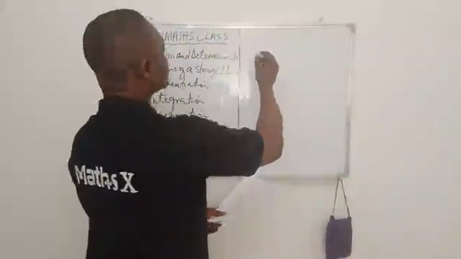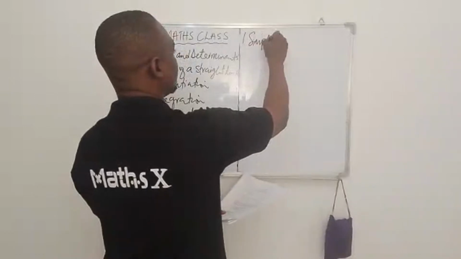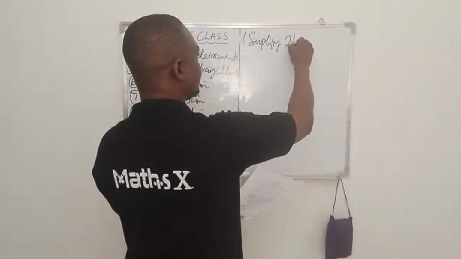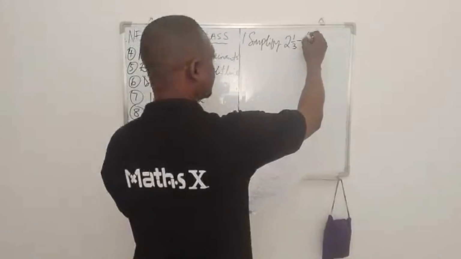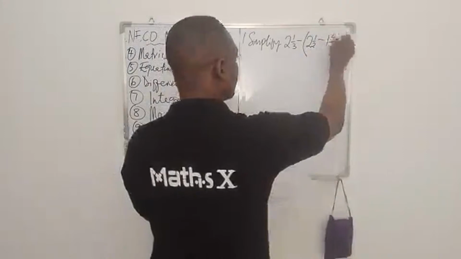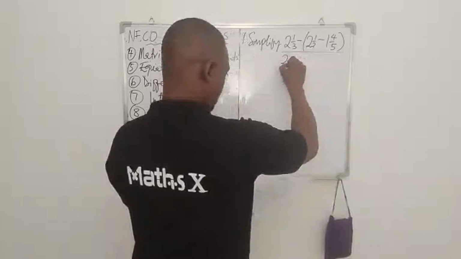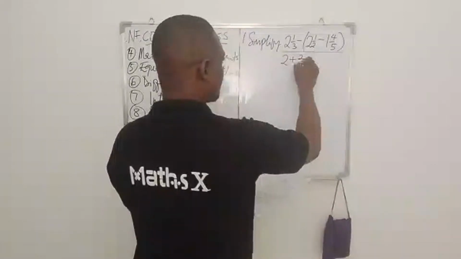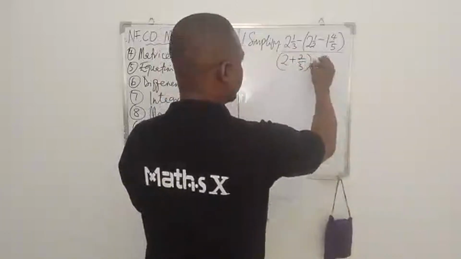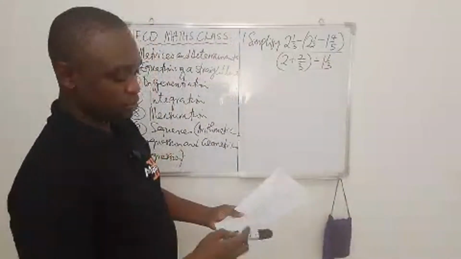Number one, simplify 2 1/3 minus bracket 2.5 minus 1 4/5, all over 2 plus 2/3 divided by 1 1/3. So we are to simplify.